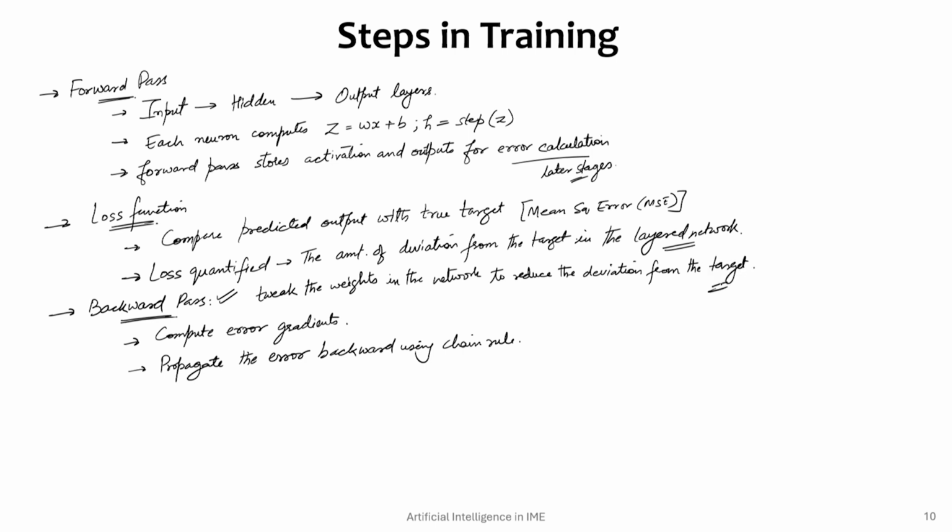Okay. So the forward pass computes predictions and the backward pass adjusts weights.